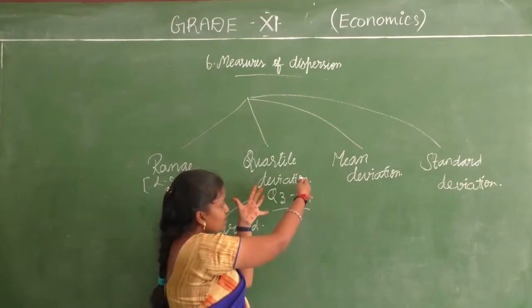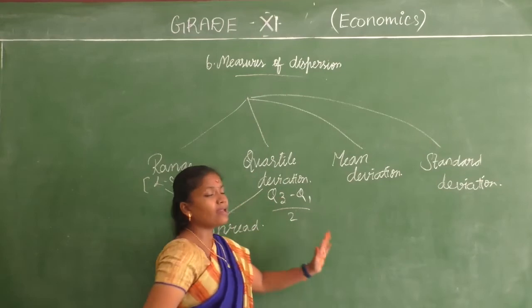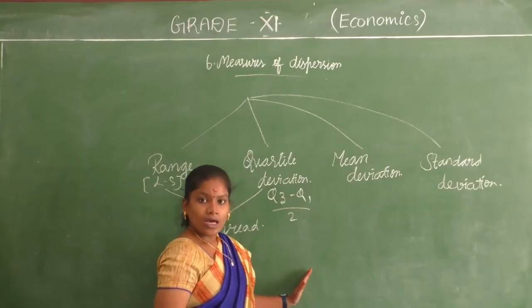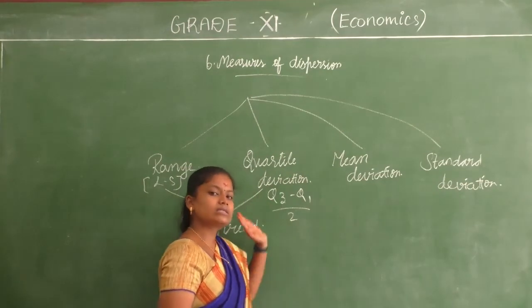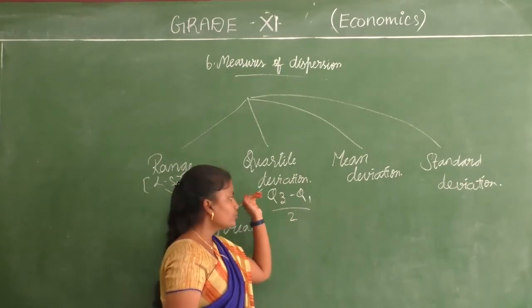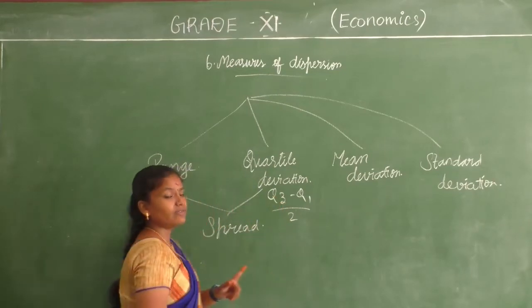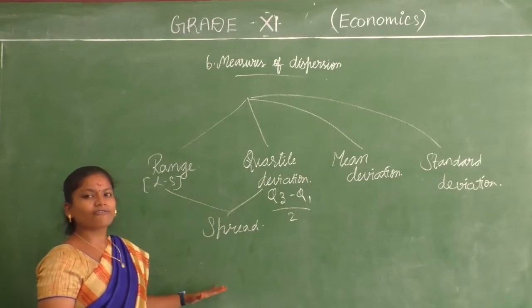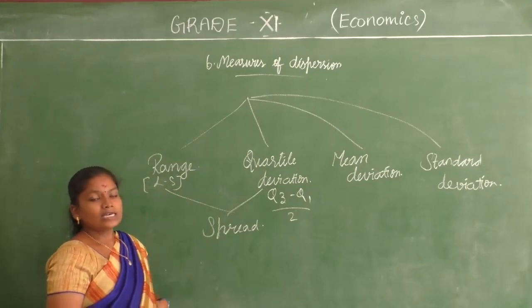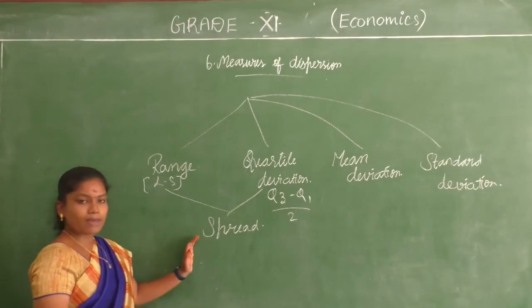So the maximum values lie where? It lies between Q3 and Q1. Right, children? That is the reason we are having these calculations. Q3 minus Q1 by 2 gives you the quartile deviation. And what did we discuss? These two discuss the spread of the values. How it has spread among the observations is what we discussed through these two methods.